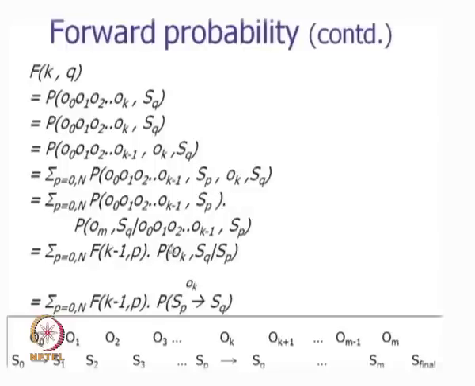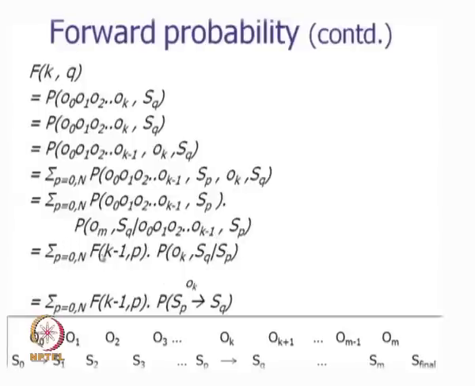Then we have P of Ok, Sq, and the conditioning part is Sp, O 0, O 1, O 2 up to Ok minus 1.